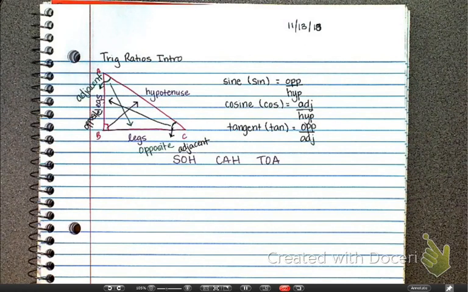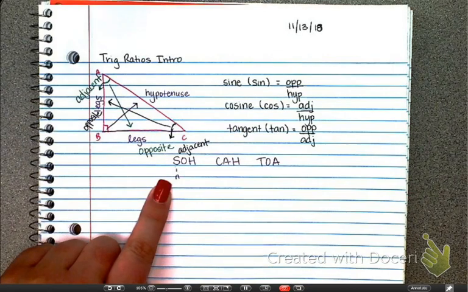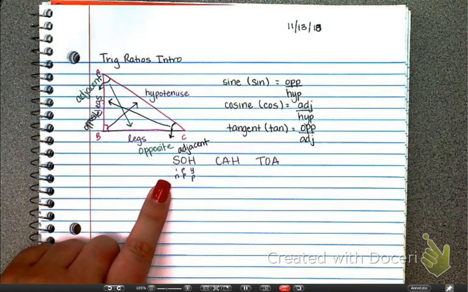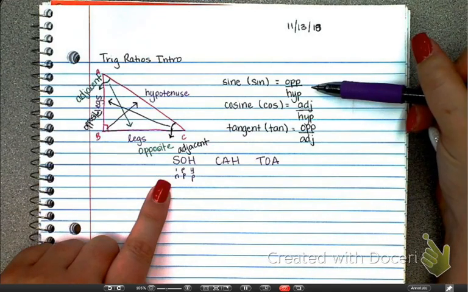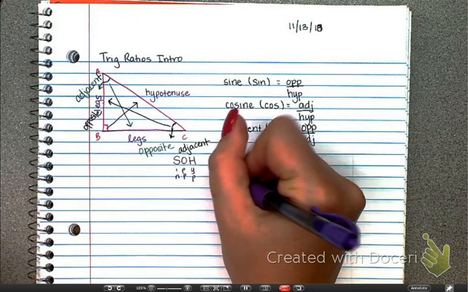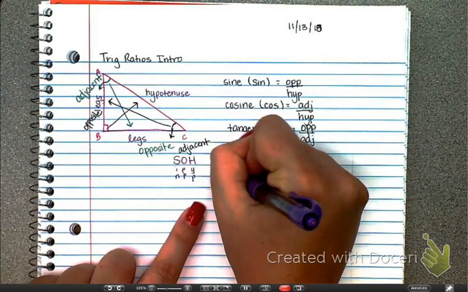If you can remember the acronym, you can remember the ratios, because look what happens. Sine equals the opposite over the hypotenuse, which is what I have here. Cosine equals adjacent over hypotenuse.